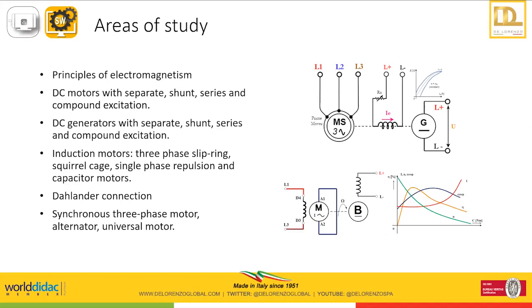And this is the part of DC. Regarding the part of AC machines, you have three-phase slip ring, squirrel cage, single-phase repulsion, and capacitor motors. In AC machines, you can study also the Dahlander connection, and you can perform all the experiments regarding the synchronous three-phase motor as alternator or as motor, and study it as a universal motor.